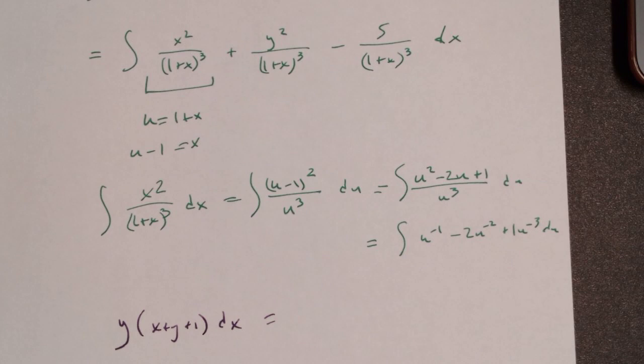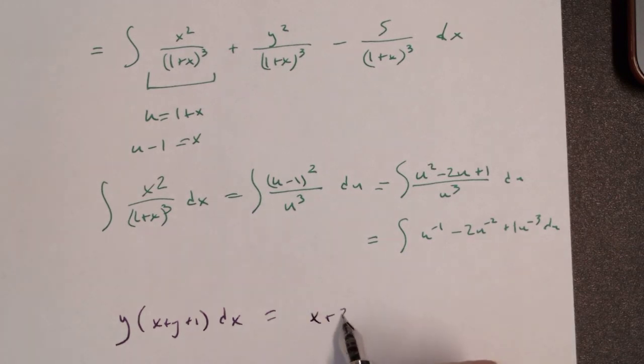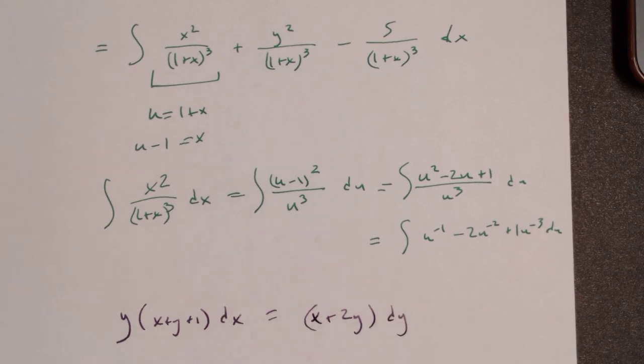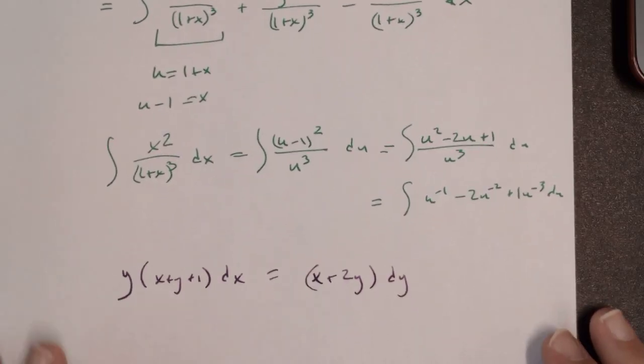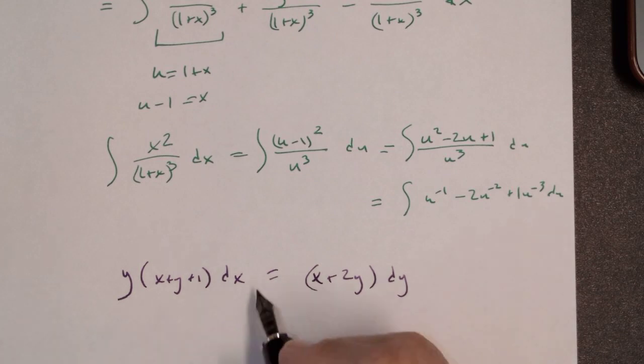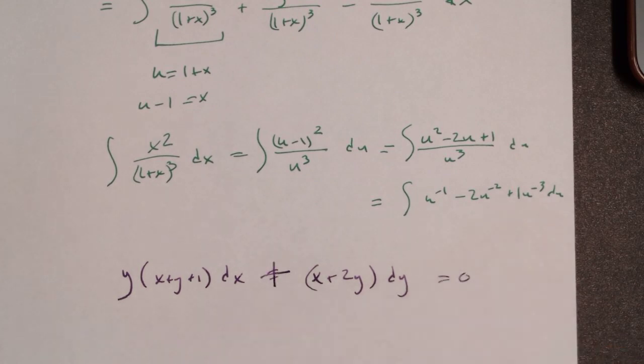Yes? X plus 2y dy. First thing I have to do is put it all on one side. It should be M dx plus N dy equals 0. Did I copy things down wrong? Yes, I did. It should be a plus, not an equal sign, and the equals 0 goes over here. Thank you. Good catch. Bad, Joshua. Copy the problem down right. If you copy it down wrong, everything's messed up.